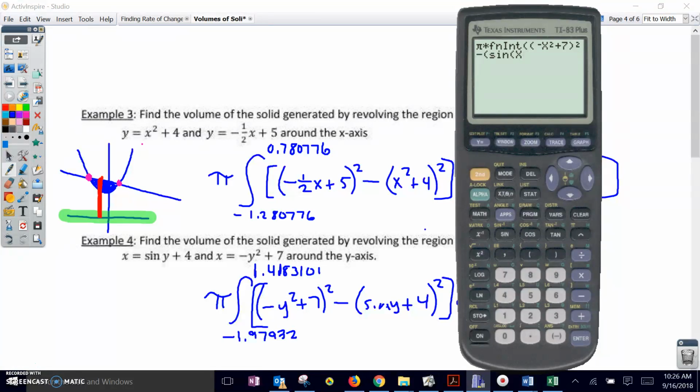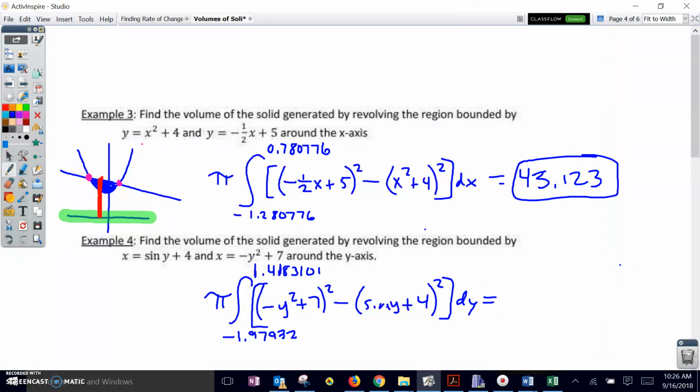Sine of x, make sure you close that parenthesis on the sine function. And the limits of integration. We get 227.549 for the volume.